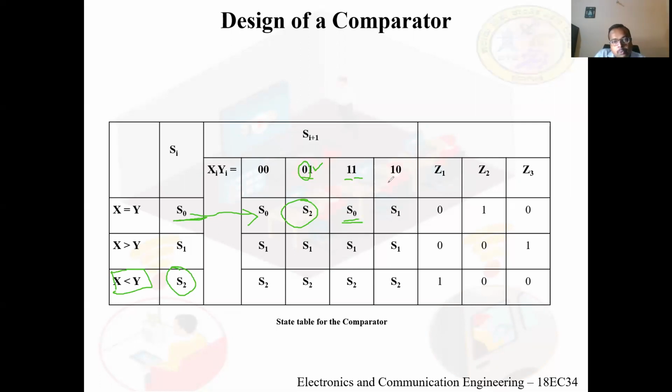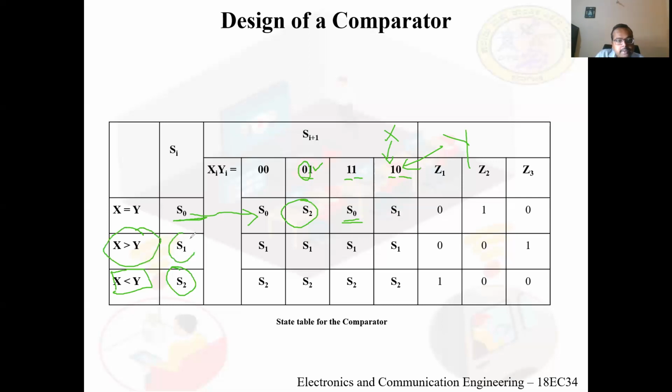Now if the input is 1 0 here, X is 1, this is nothing but X here, right? And this is nothing but for Y, right? Now X is 1, Y is 0. So which is the next state? We know that now X is greater than Y. So for X greater than Y, which is the state we have?